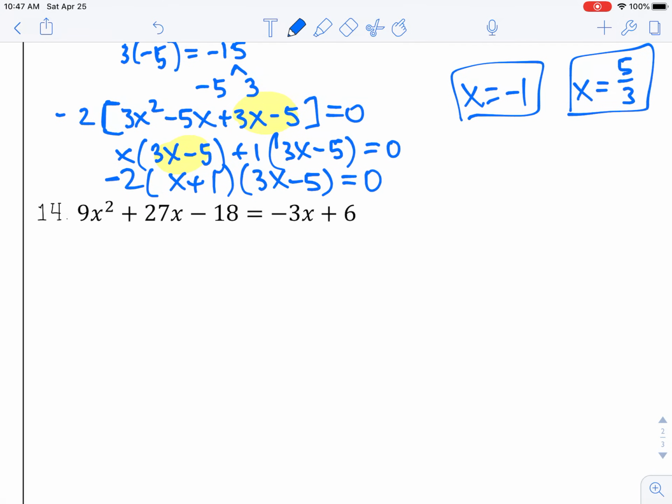And one more, bring everything over to one side. So I'm going to add 3x, and I'm going to subtract 6. The GCF is 3.